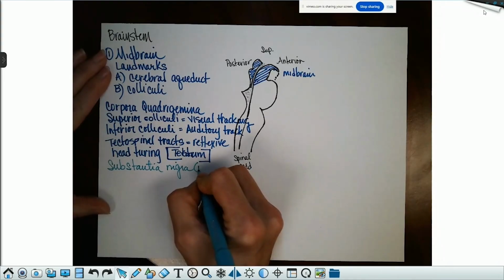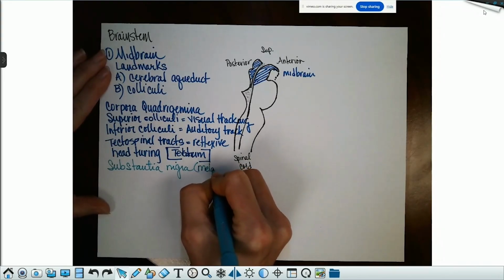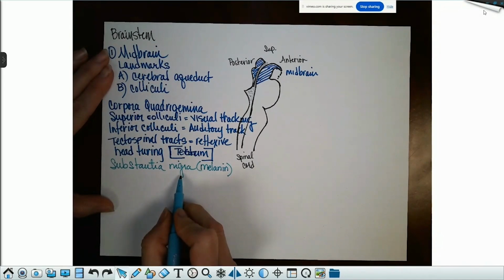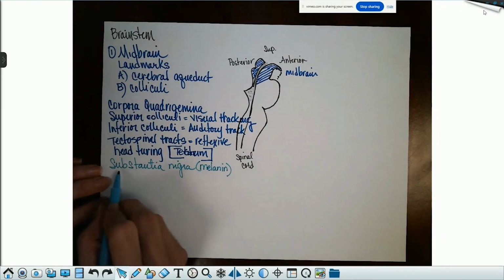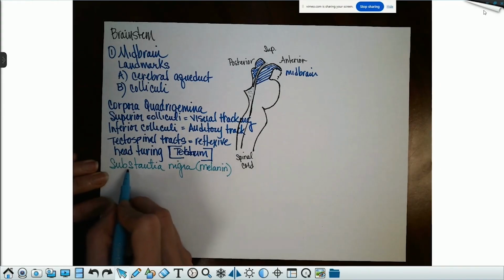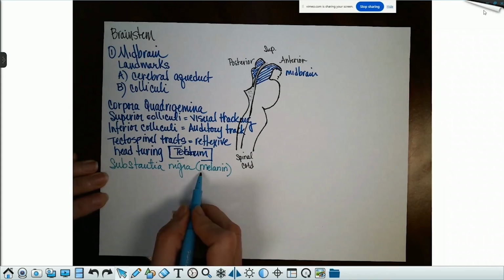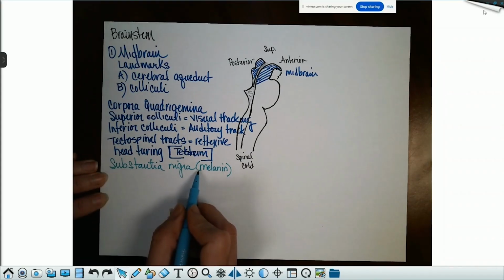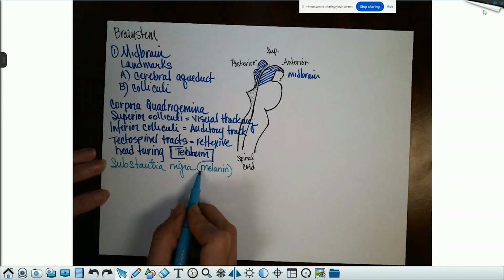Because there's melanin produced in this very particular place in the midbrain. This is a very important part of the midbrain. We see disordered movements when there is a problem in this area. It's Parkinson's disease.